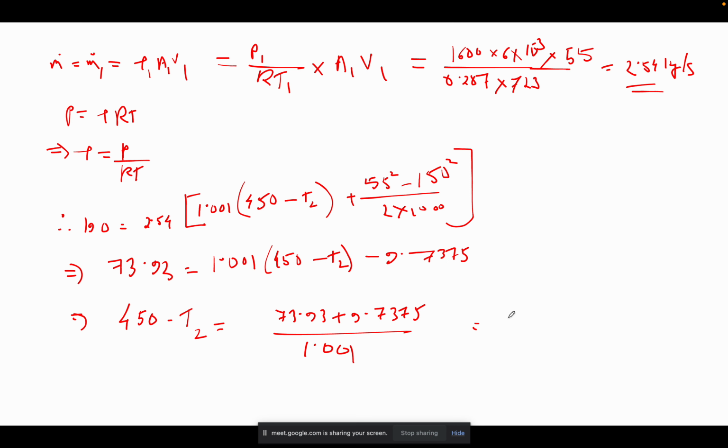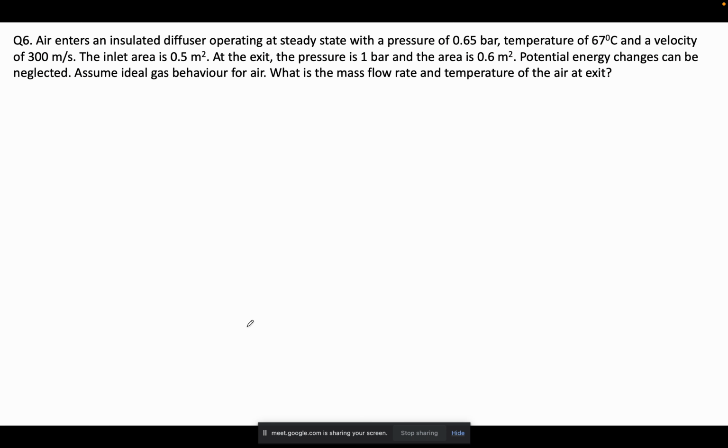So this is your 83.58. Okay, so from here your T2 is 450 minus this, and so this is your 366.4 degree Celsius.